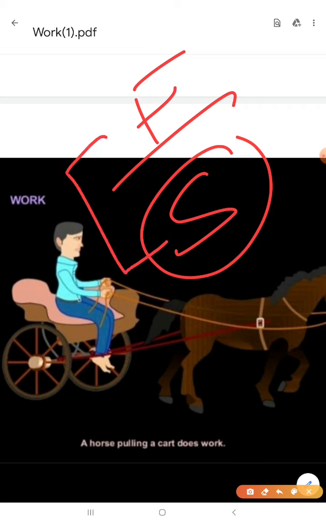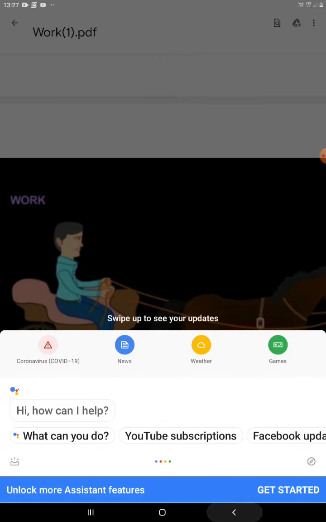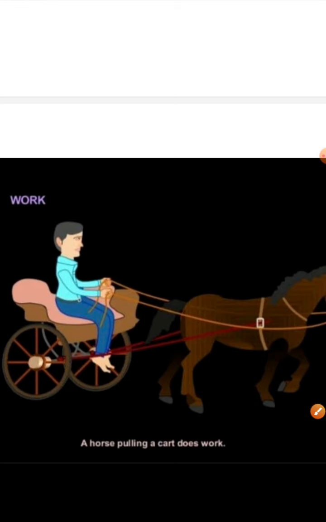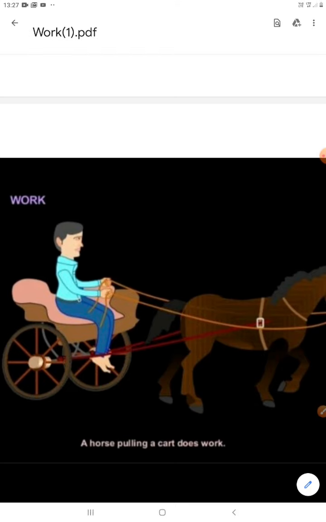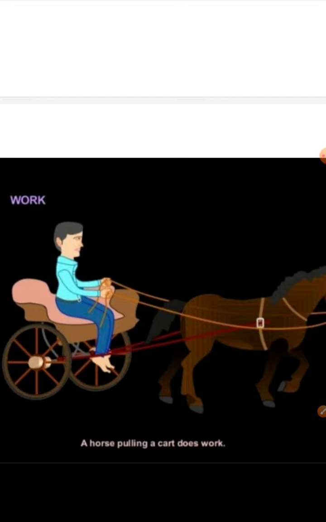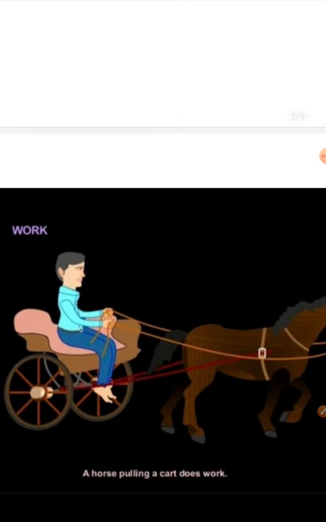If either is absent, then we say work is not done. Got my point? What am I saying to you? For work to be done, there should be force and there should be displacement also. If a body is not moving, or if there is no force, then we say there is no work in physics.